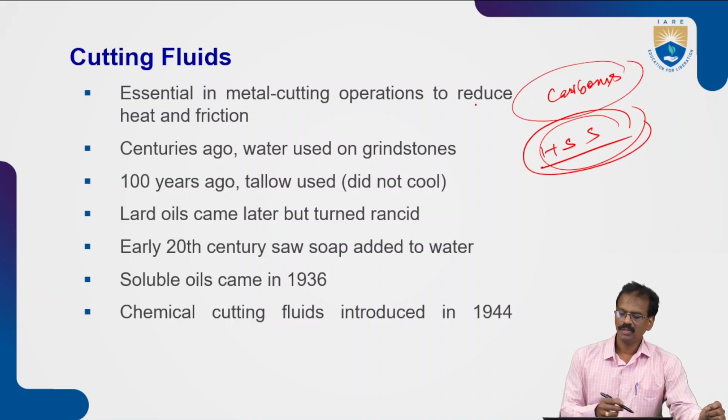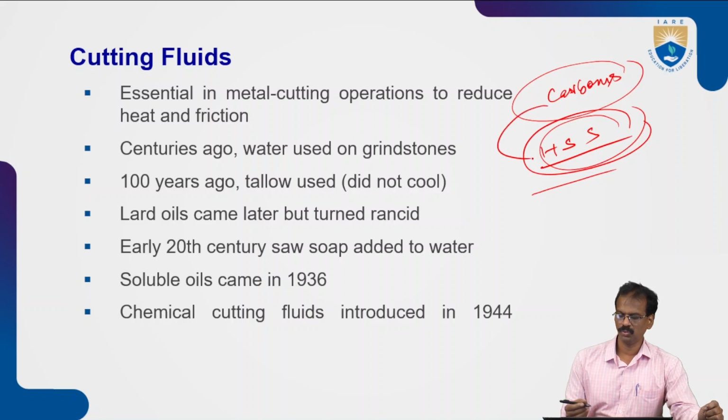The main drawback of carbon tools and high speed tools is hot hardness. The hot hardness is very less. Hot hardness means if the temperature increases, automatically the hardness of those cutting tools will decrease.